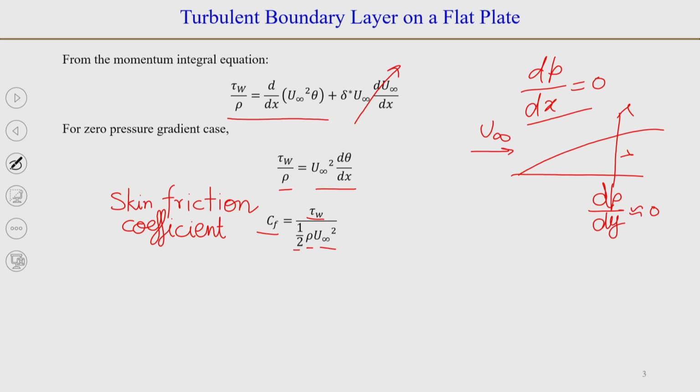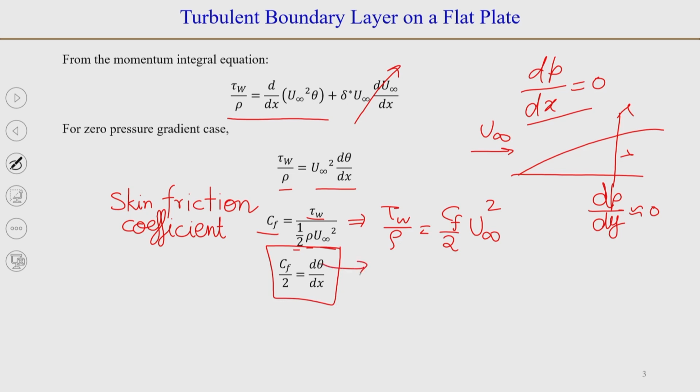Now, if we look at these two equations, then we can write that tau w by rho is equal to Cf by 2 into u infinity squared, and we can substitute this here. U infinity squared will cancel out, and what we will get is Cf by 2 is equal to d theta by dx.